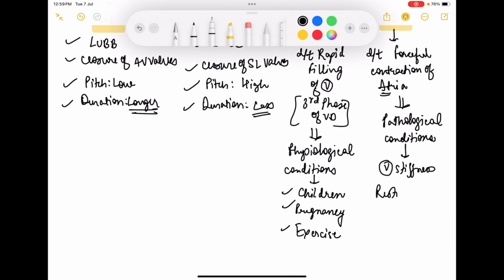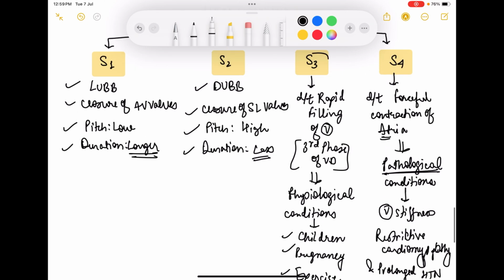That is due to restrictive cardiomyopathy and prolonged hypertension. So, it is heard in pathological conditions only. S3 is physiological and S4 is pathological. Remember the causes: ventricular stiffness and restrictive myopathy and hypertension.